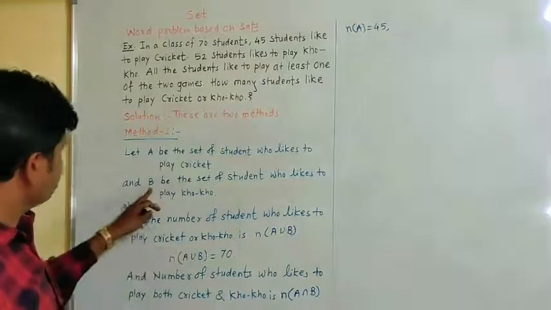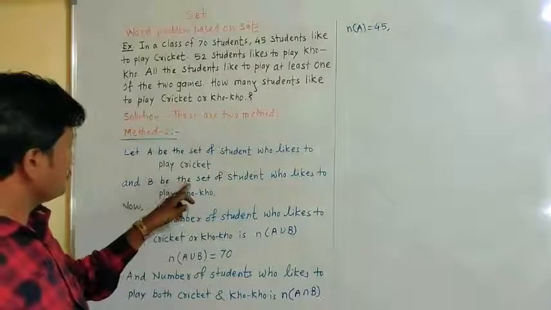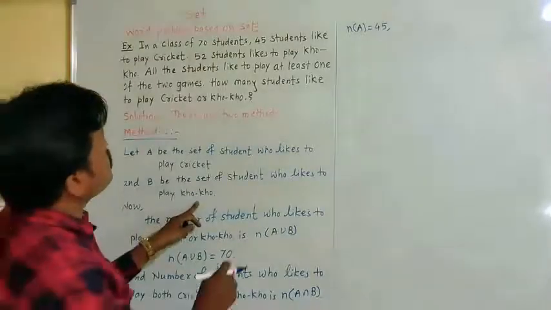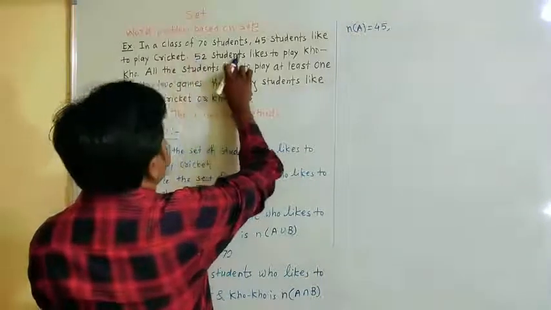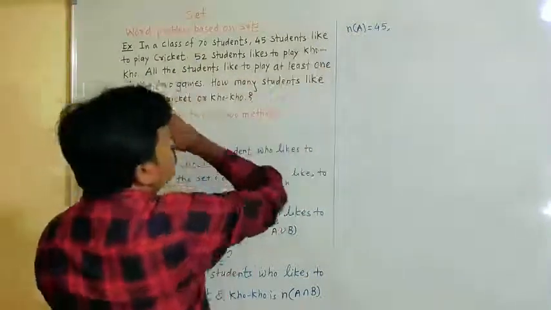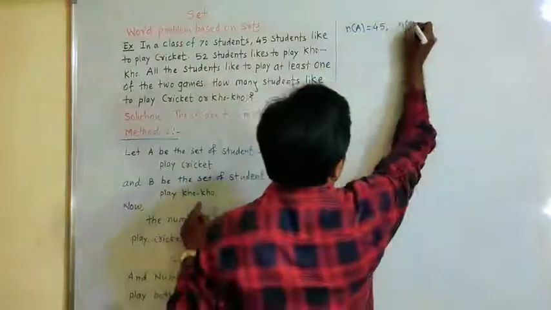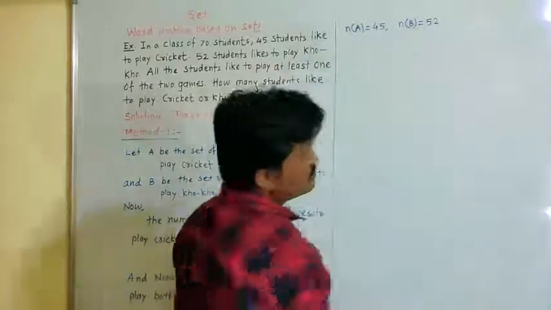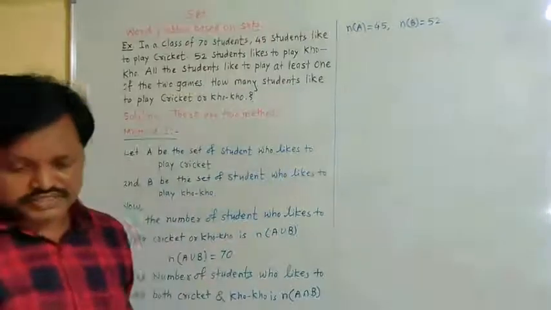Then B is the set of students who like to play Kho-Kho. How many students? 52 students like to play Kho-Kho. So n of B is equal to 52. So these are the given parts here.